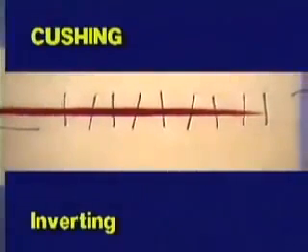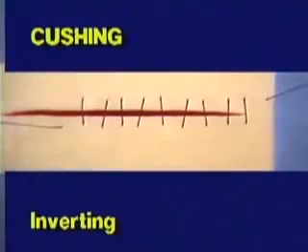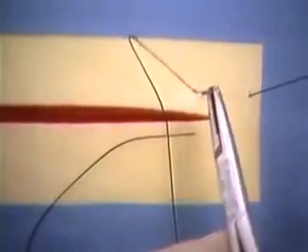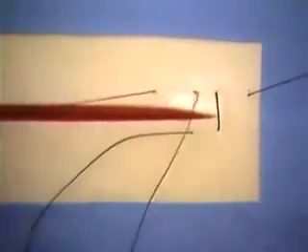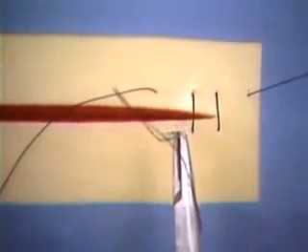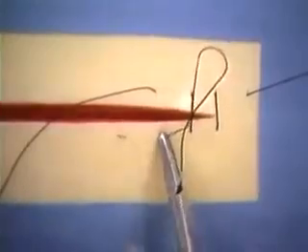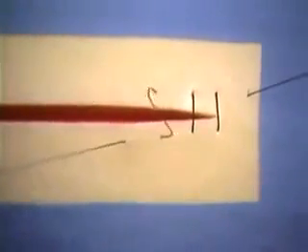The seventh pattern to be demonstrated is the Cushing suture pattern. This is an inverting suture. The Cushing suture is begun with a single Lembert suture. From the suture's point of exit, the needle is then advanced parallel to the incision and introduced into the serosa, passing through the muscularis only for 5 millimeters and exiting the serosa on the same side of the incision.